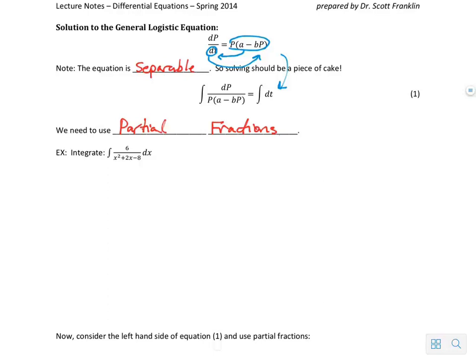So factor the denominator. This is 6 over (x plus 4)(x minus 2), since plus 4 and minus 2 works, right?